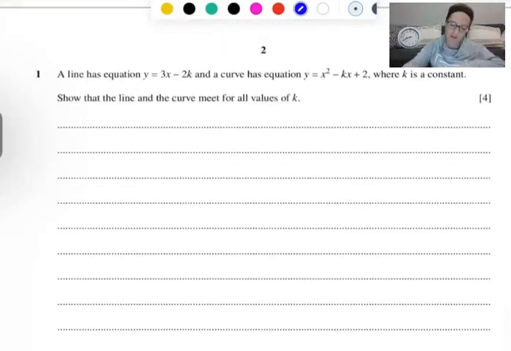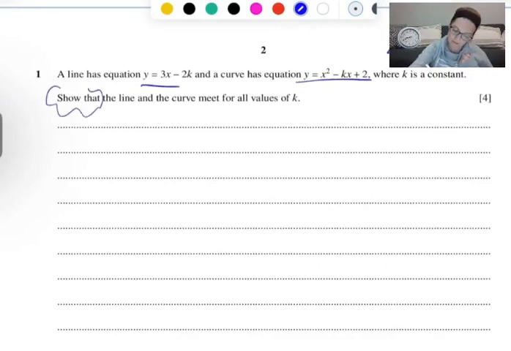Okay, so what we've got here is question number 1, a line and a curve. Immediately I'm thinking discriminant question from quadratics. They say k is a constant, show that the line and the curve meet for all values of k. That's an interesting word. Normally you would have to say your discriminant is equal to naught, greater than naught, or less than naught.